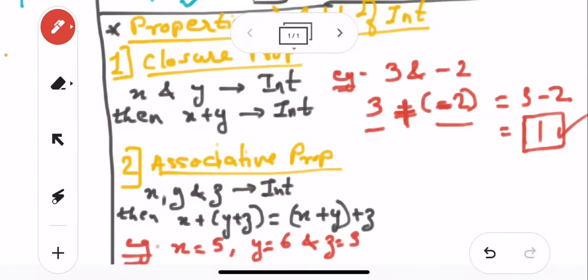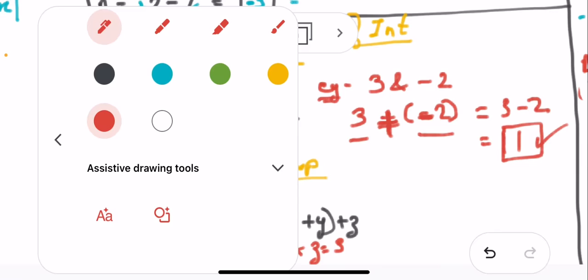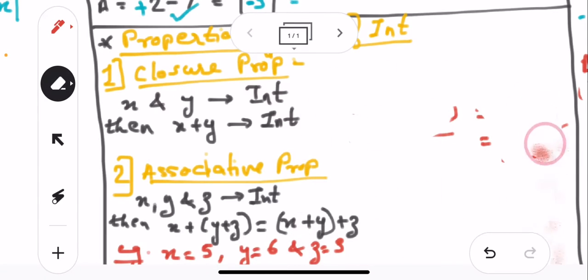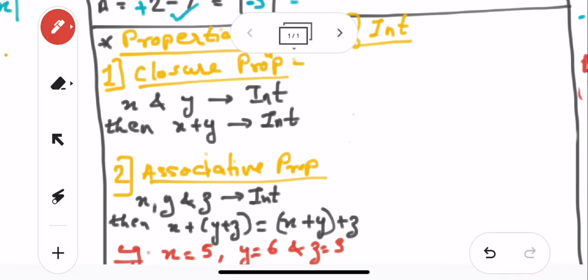Any numbers if you take, I can take one more example. Suppose my x is minus 9 and my y is minus 6.